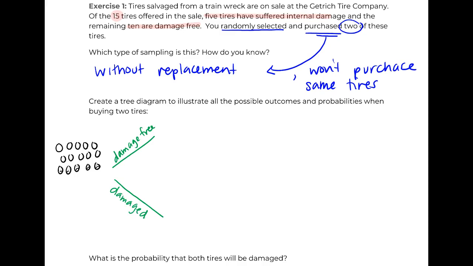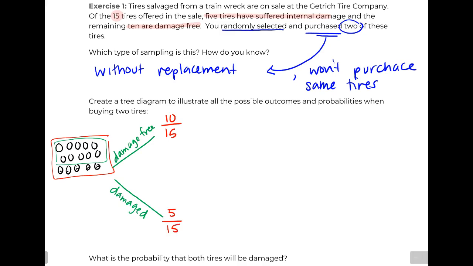I'm not even going to use notation here because we don't need it. This is just a classic probability problem. We have 10 damage-free tires out of 15 tires, so 10 out of 15. And the probability of damage, well, there are 5 damaged tires out of the 15.